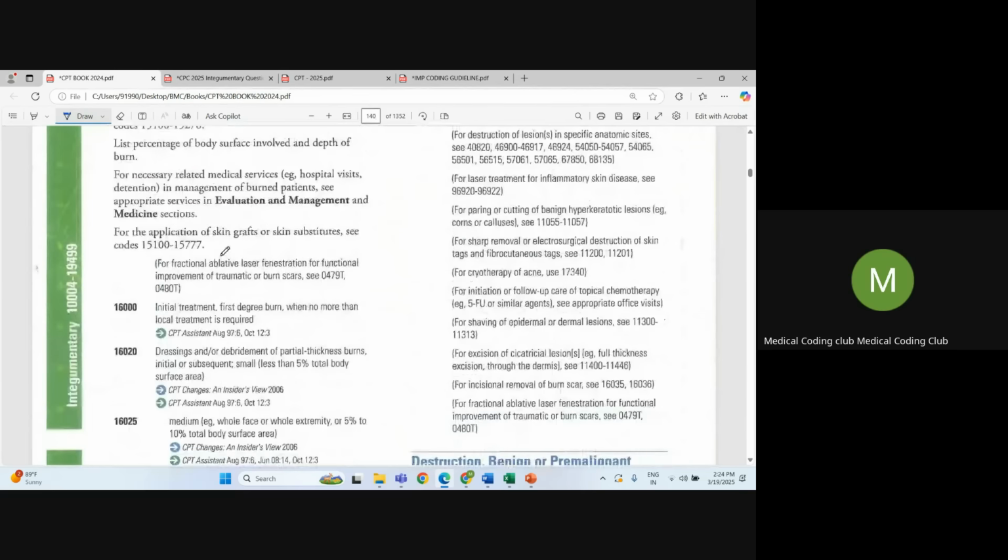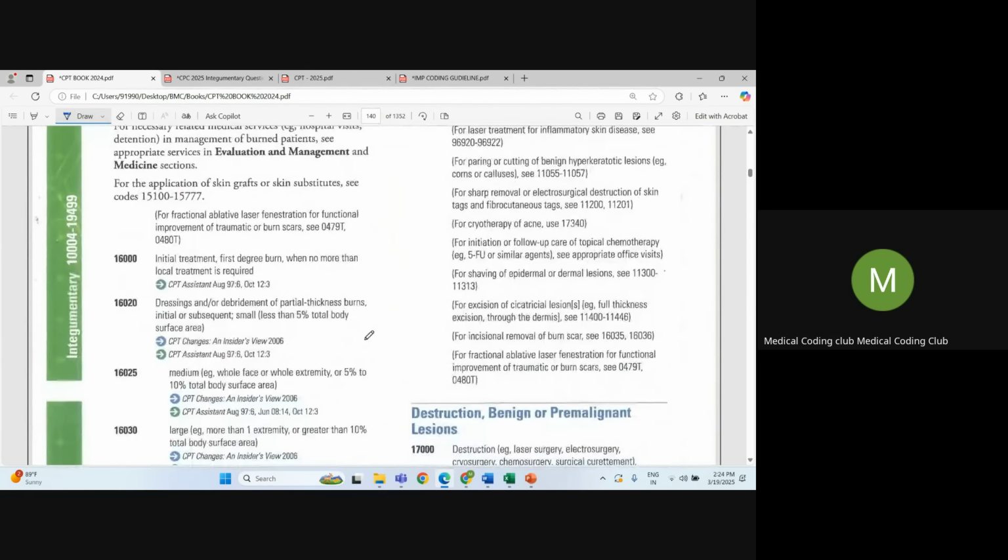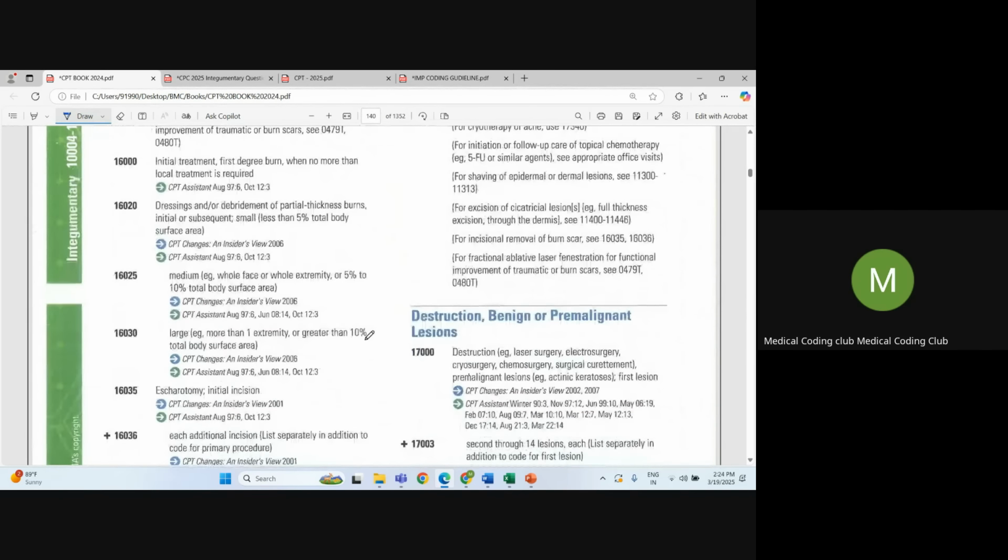So here is the burn procedure, local treatment burn procedure. They treated 8%. If you check, 16025 covers medium, or 5% to 10% of total body surface area.